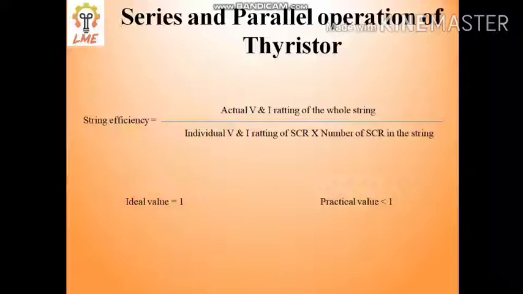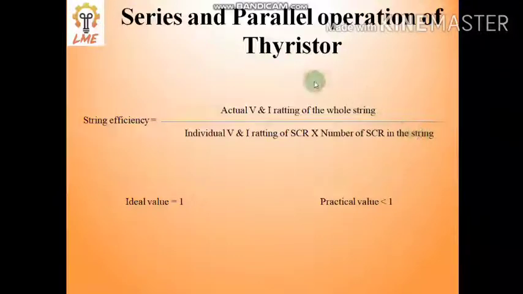So what is the string efficiency? String efficiency is the actual voltage and current rating of the whole string, divided by the individual voltage and current rating of an SCR multiplied by the number of SCRs in the string.